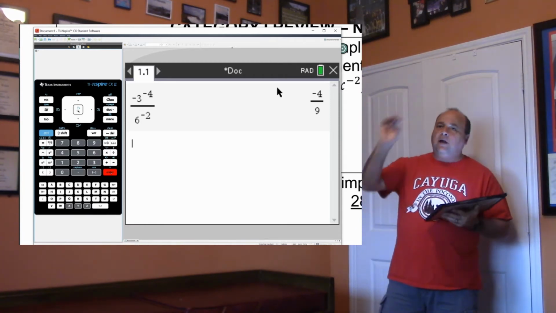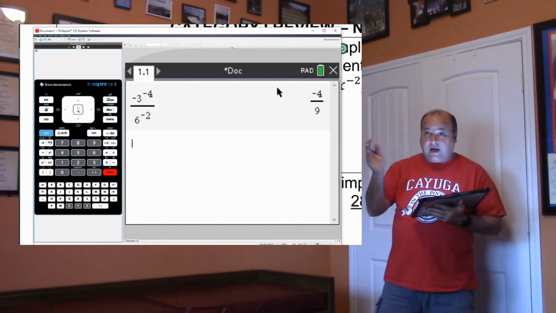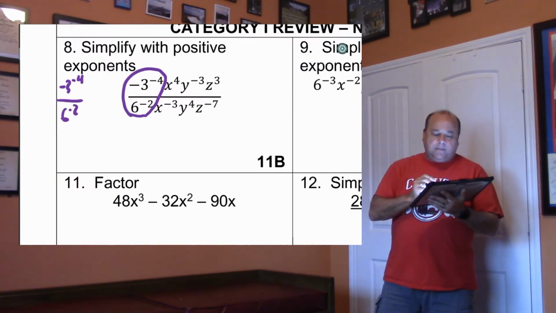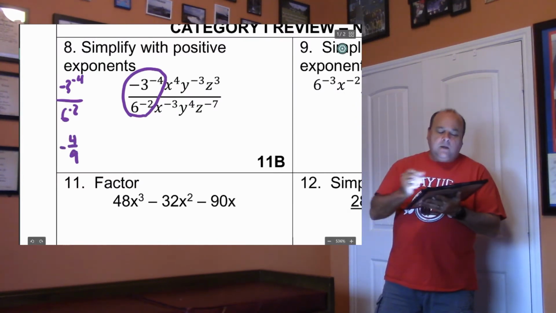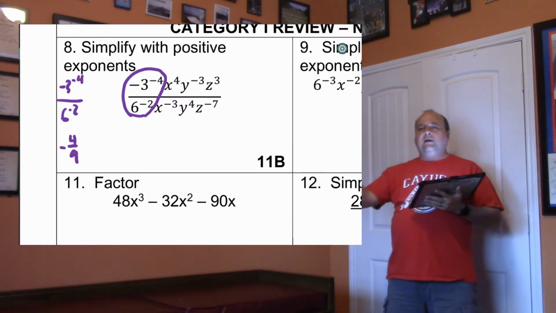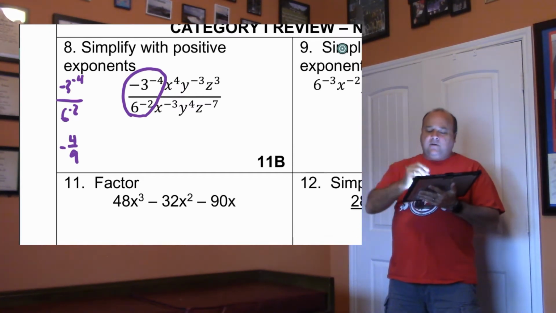So use the calculator just to get the number part. You cannot type the variables into the calculator. So I'm going to go back to my paper and I know my number is going to be negative 4 over 9. Now, there's 2 ways to do it. I'm going to show you the algebraic way first. We've got the negative 4 over 9 down.